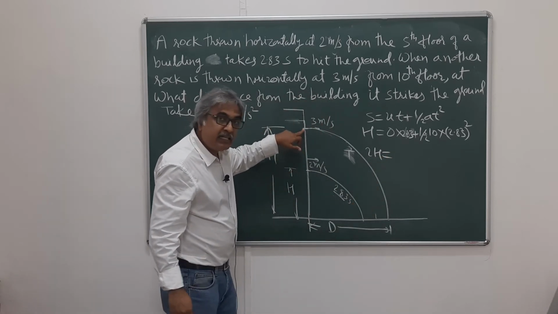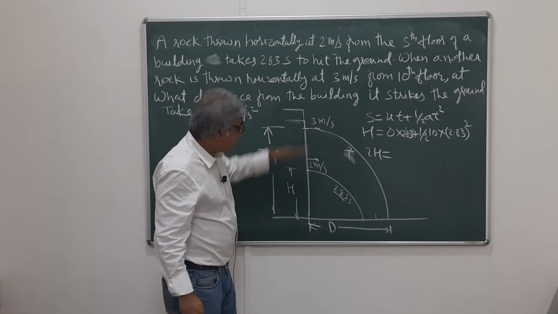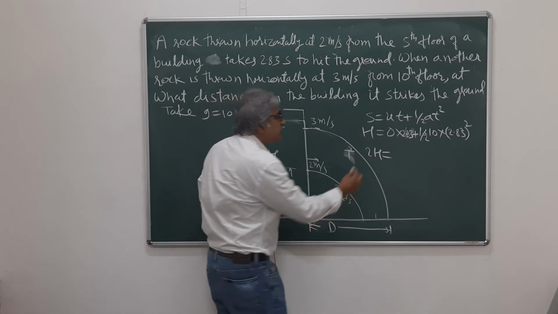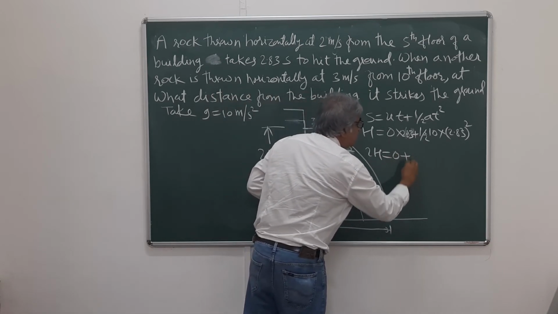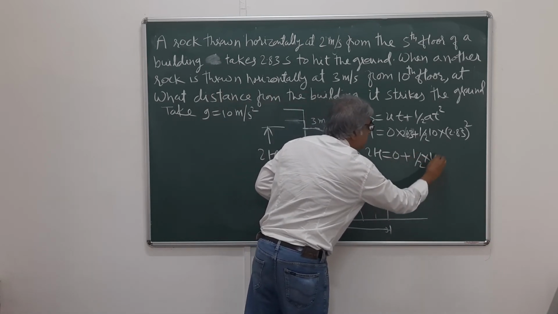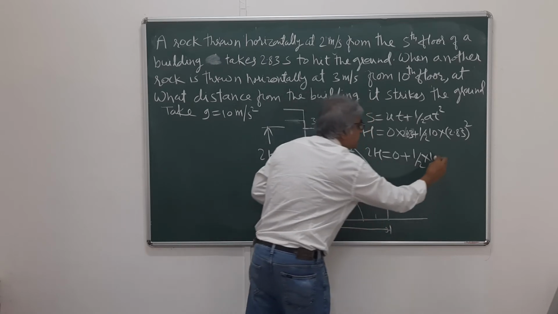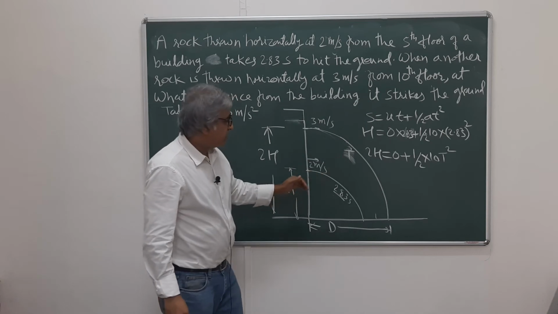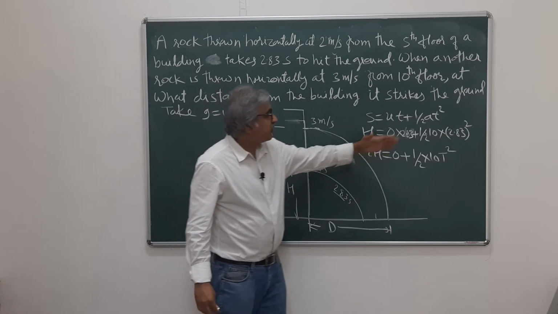Again please note, u is initial vertical velocity. We are considering travel downward, so initial vertical velocity is 0. So ut is 0 plus half, a is 10 and T square. Capital T I have used deliberately in order to distinguish. So you have got this equation.